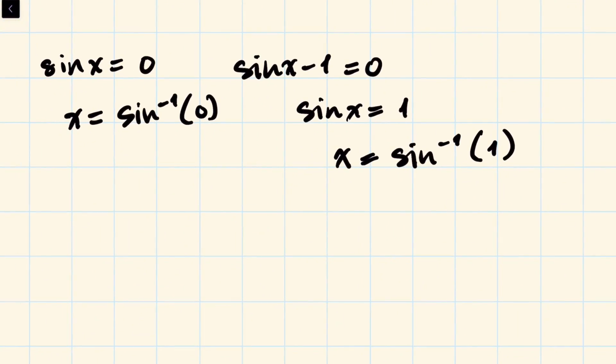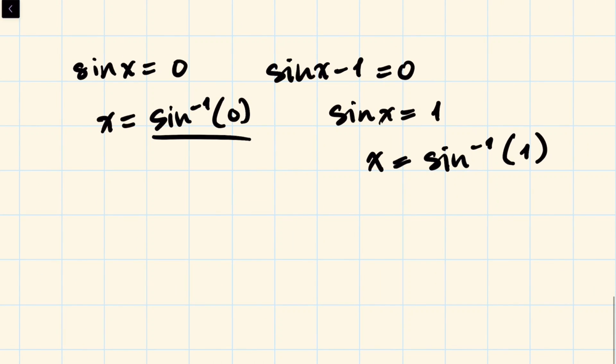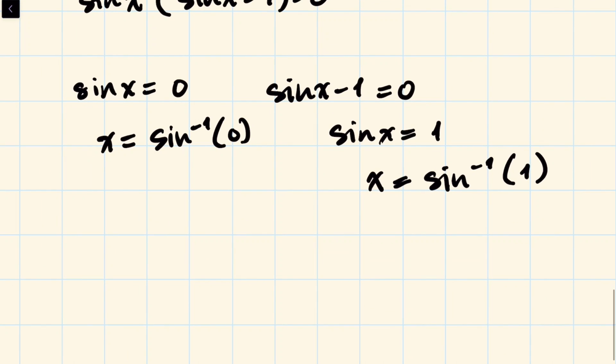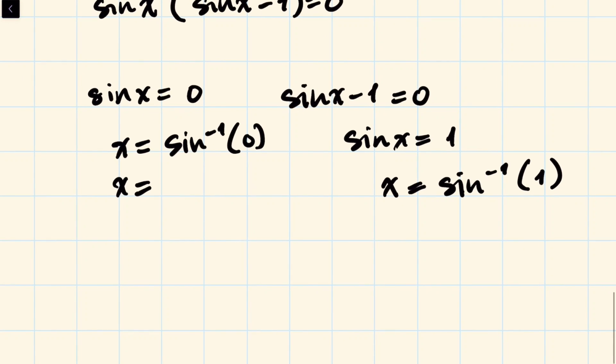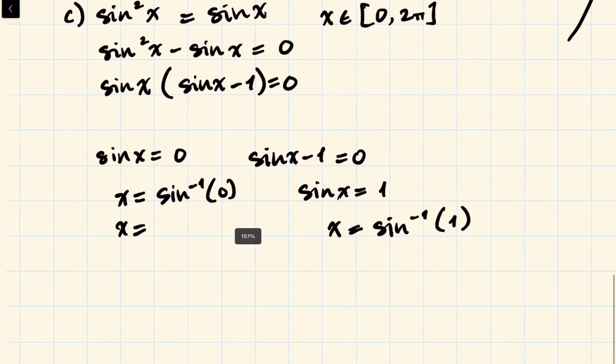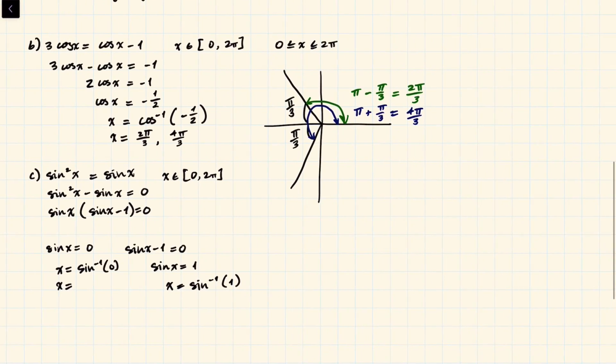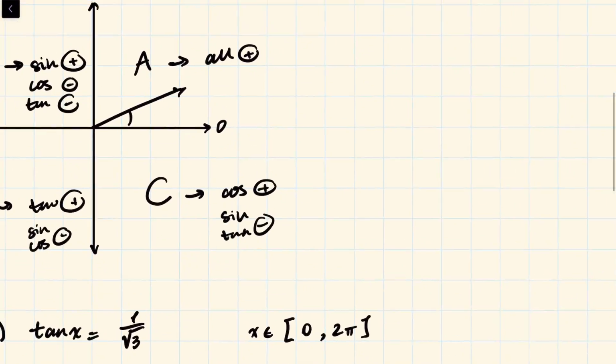and so now we're asking the question here: when is the sine of x equal to 0? That's what this inverse is kind of asking, right? So in this case, let's look at our Cartesian plane again here.